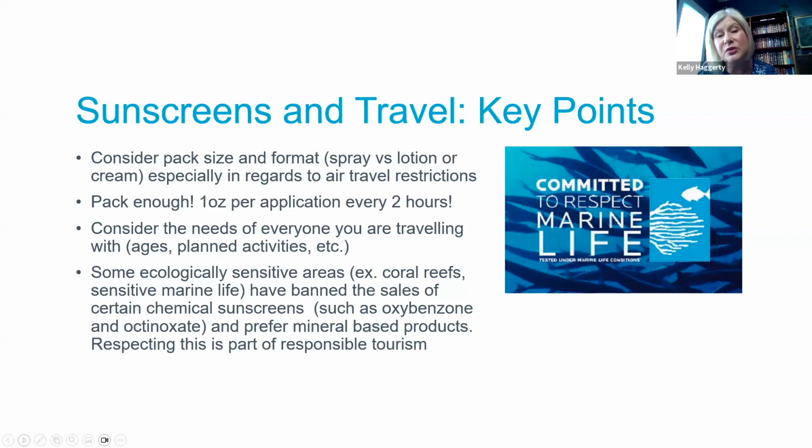And in some cases with tours or different activities you plan, it may be right in your itinerary that they would prefer you use a marine life safe sunscreen. And again, the logos may not be on the products, but you can look for those ingredients, and you can also check company websites to see how their products rank in terms of being safe for marine life. Next slide, please.